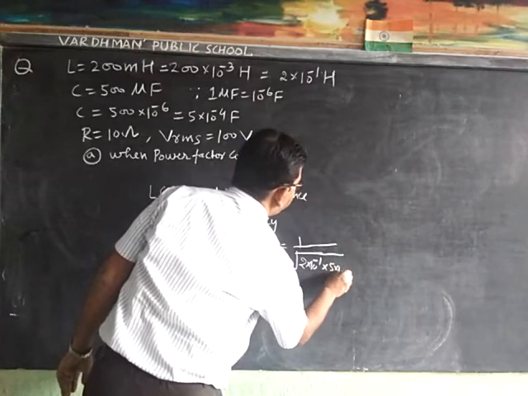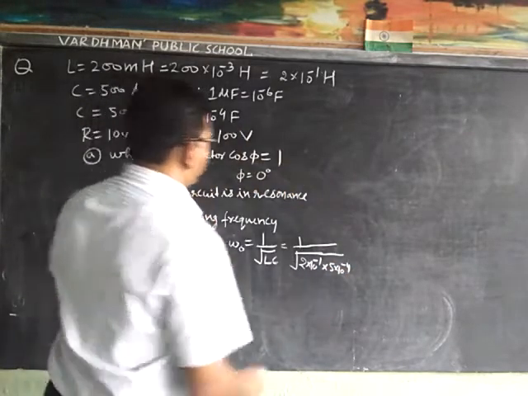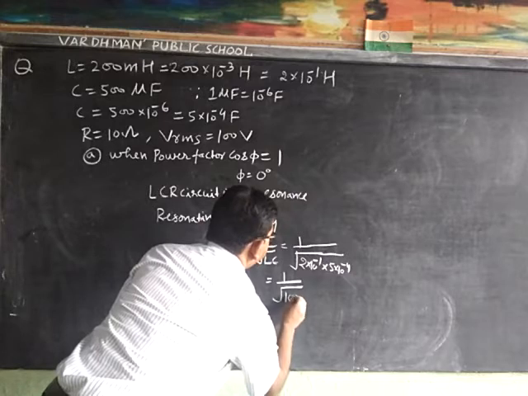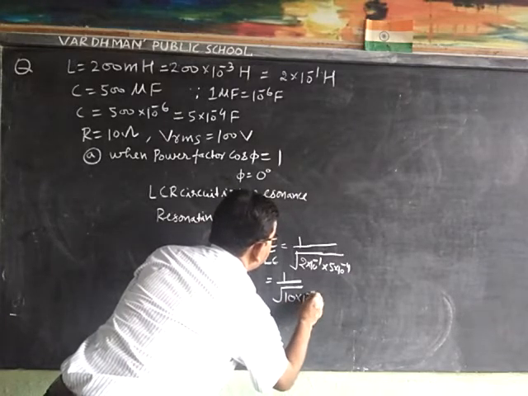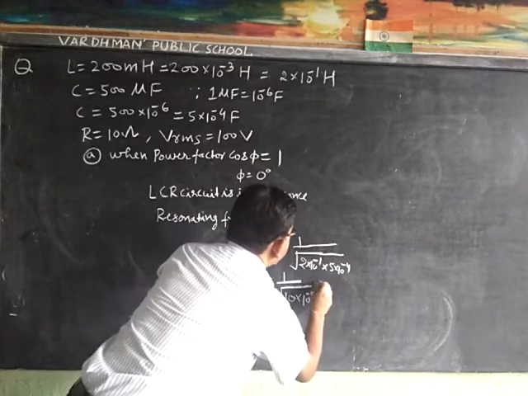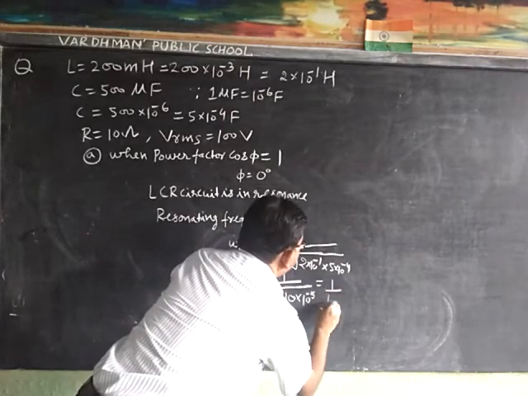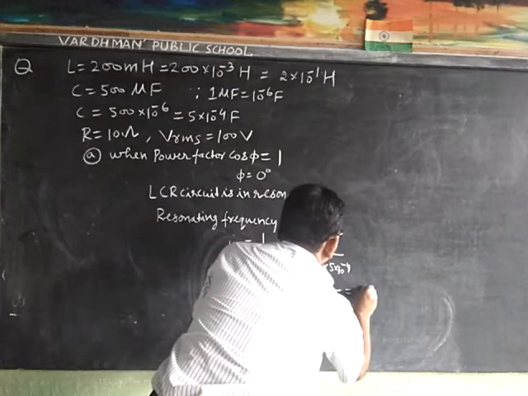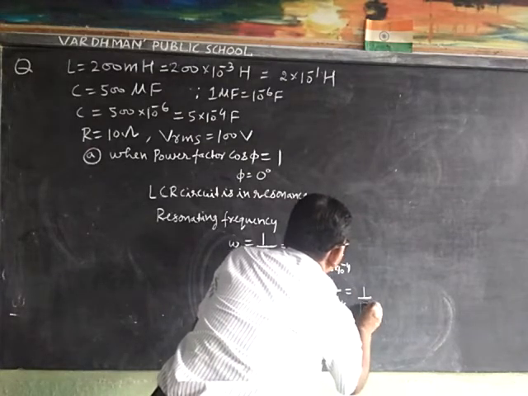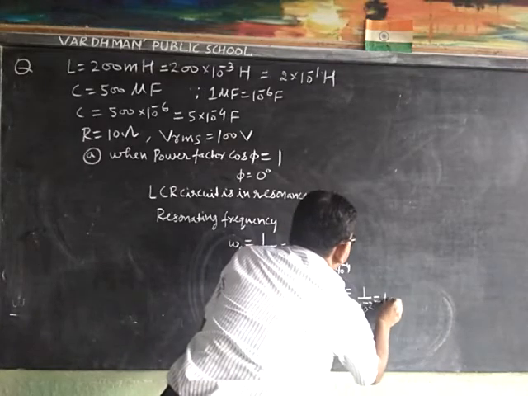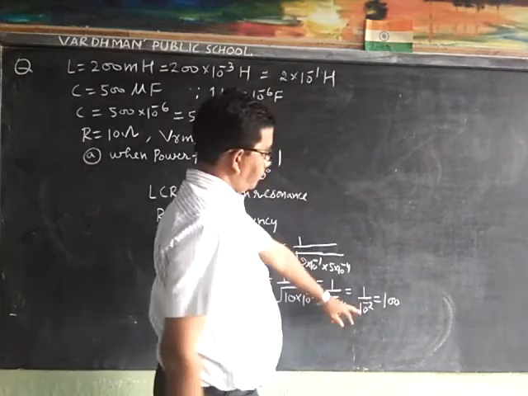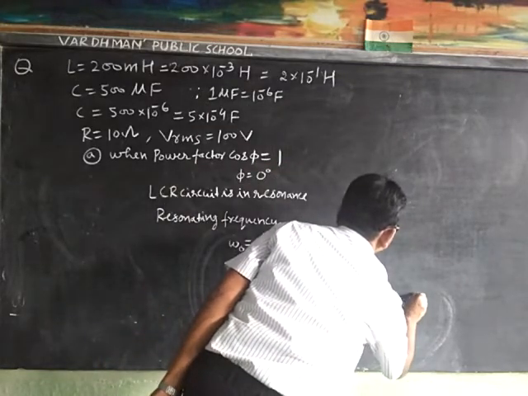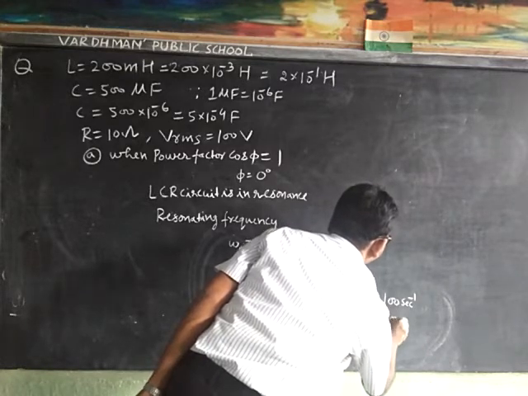This becomes 1 upon under root 10 into 10 power minus 5, that is 1 upon under root 10 power minus 4, that is 1 upon 10 power minus 2, that is 100 per second, or 100 hertz.